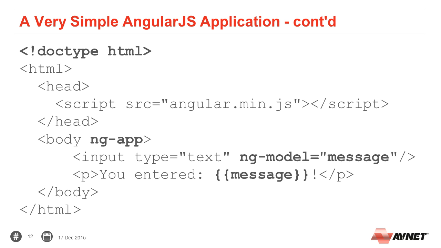So the resulting DOM is not going to contain the double curly brace message, close double curly brace. Instead, this will be replaced with the value of message, which in this case is going to be hello world. If I change the value inside the text field, for example to goodbye world, then this will automatically change as well.